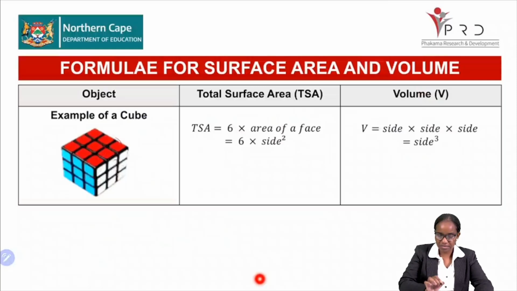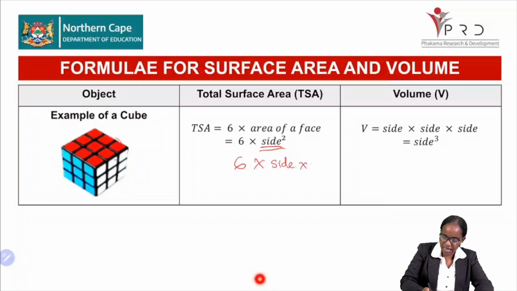Since we have 6 faces, and the area of a face is side times side, remember, we said the area of a square is side times side, the total surface area of a cube will be 6 faces times side times side.